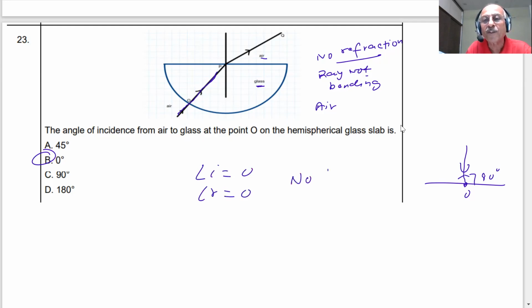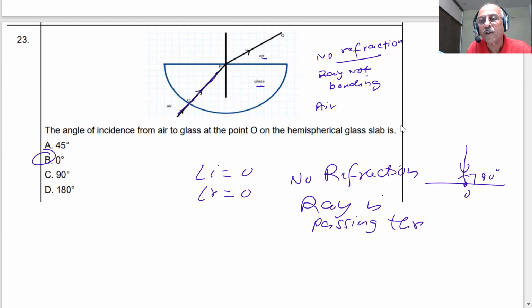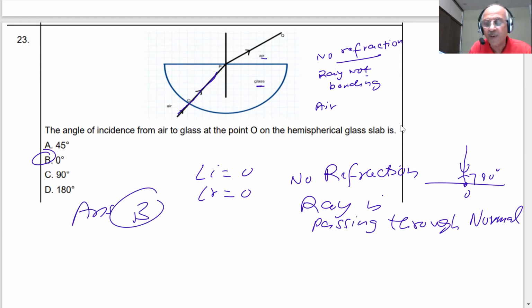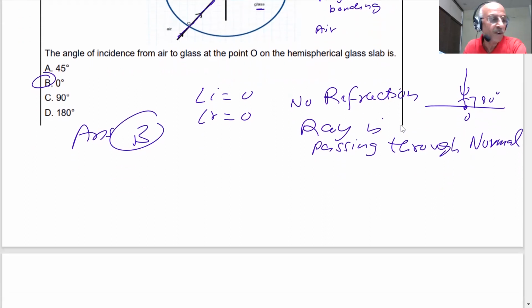So no refraction is taking place. The ray is passing through normal. That is what we define as normal, students. And therefore, our answer to this question is B, 0 degree.